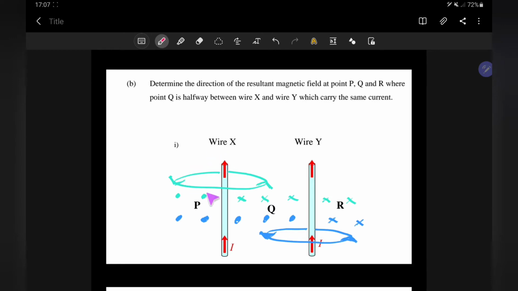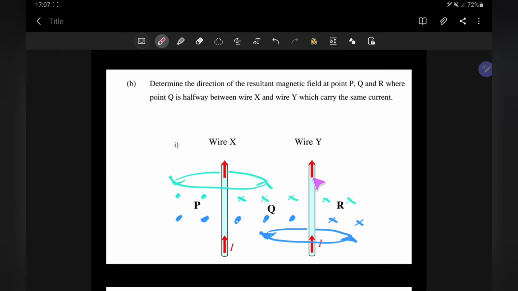By using our right hand grip rule, this is the pattern of magnetic field produced by wire X. At the left side of the wire, the magnetic field is directed out of the page, and at the right side, into the page.